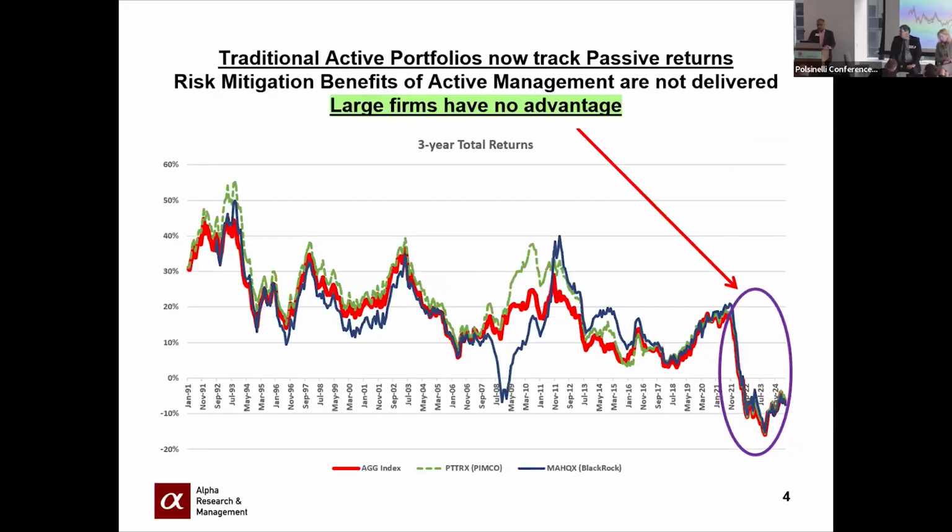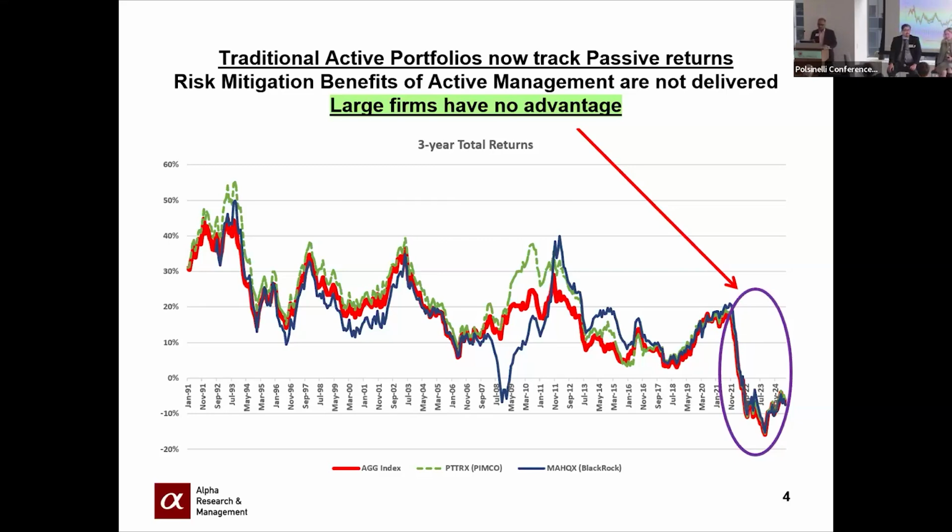And this is two large firms, PIMCO and BlackRock's returns over the past 25 years, against the returns of the ag. One of the things I talk about a lot is behavioral biases in fixed income. And you can see this between PIMCO and BlackRock. The CIO of PIMCO is Dan Ivascyn. He's a mortgage guy.